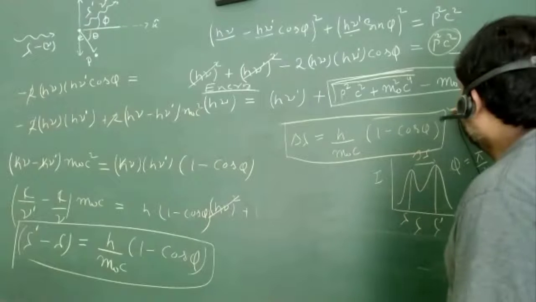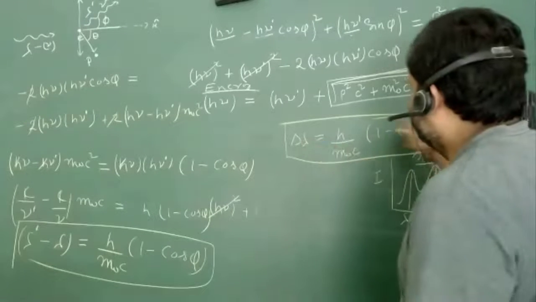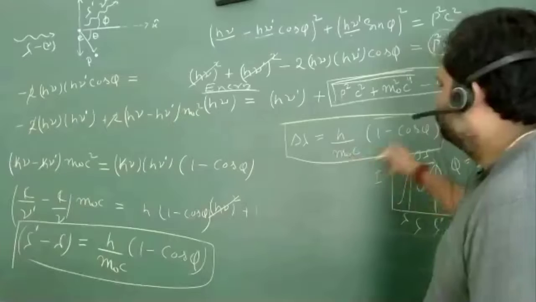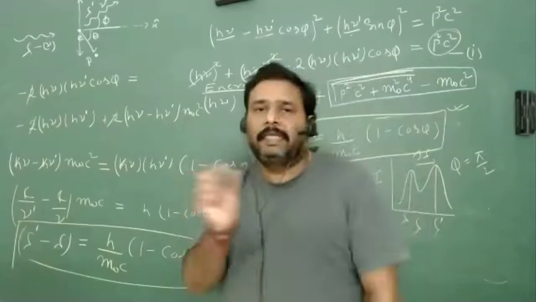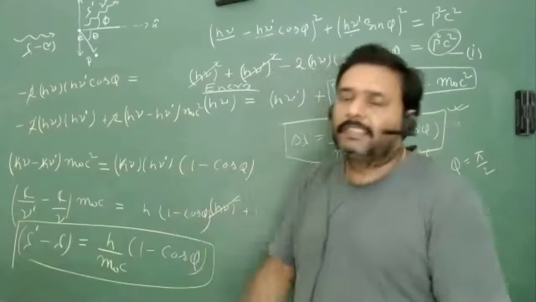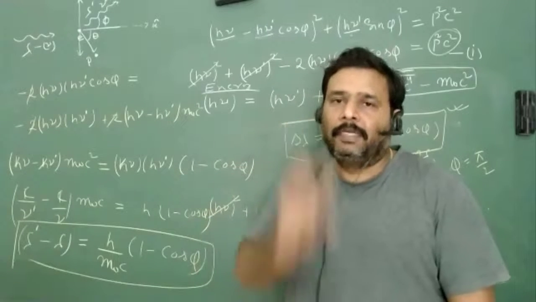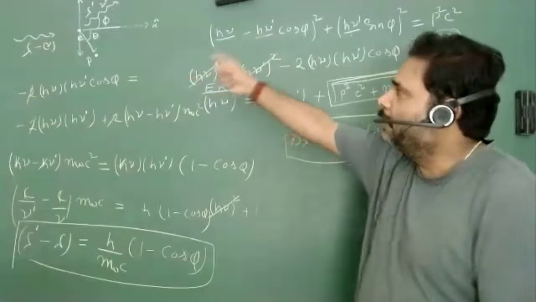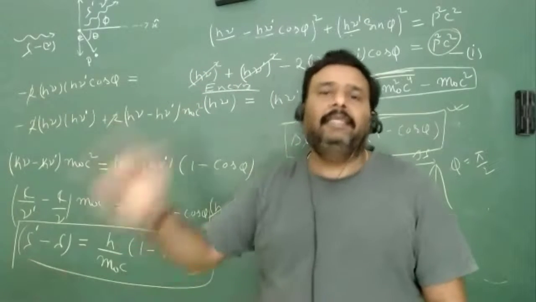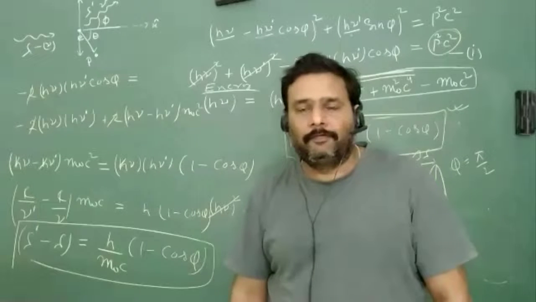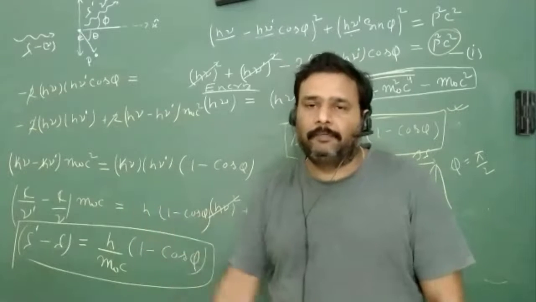Okay. So what we have seen will tell you how this scattering angle is measured, and how this delta lambda can be explained by the conservation of momentum and conservation of energy, exactly as the particle nature of light.